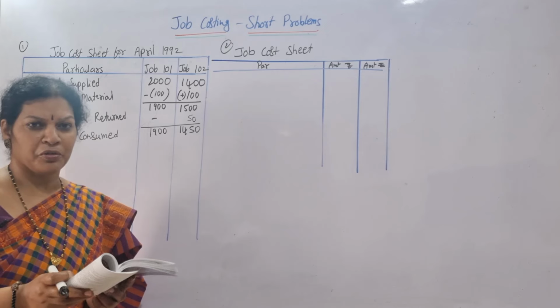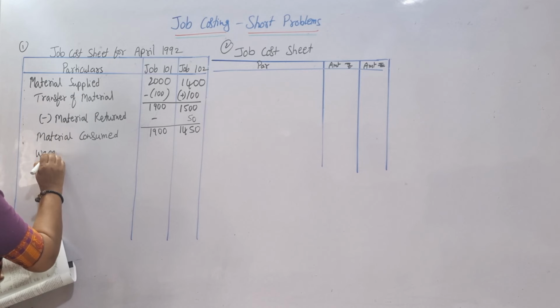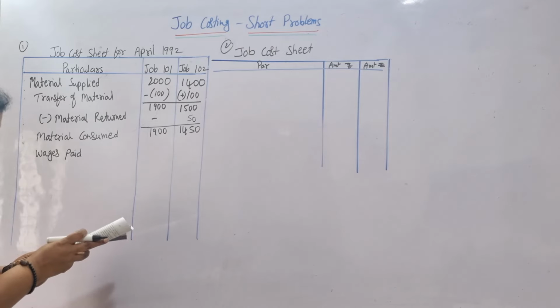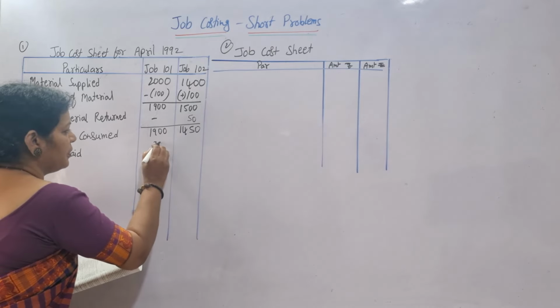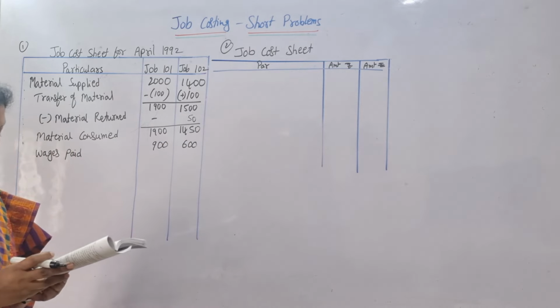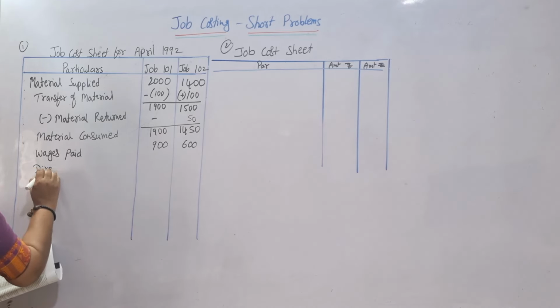Next, wages. Wages is given. This is also expenses, right? So wages paid. How much is paid? 900 and 600. Then after that, direct expenses. This is also expenses. All the expenses we need to add.